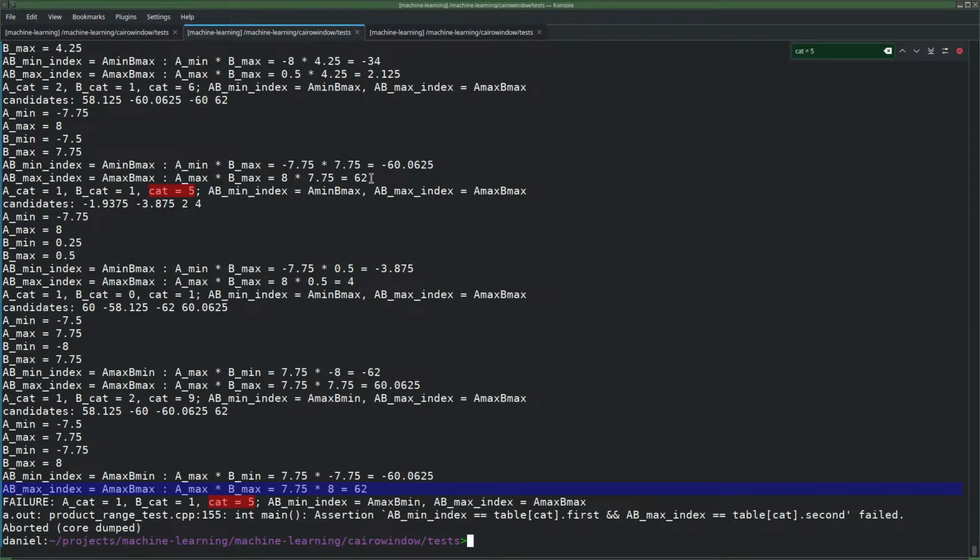Yep. And the maximum value must be positive, so that is just positive times positive. There's only one choice here, which is 62. So that's correct.